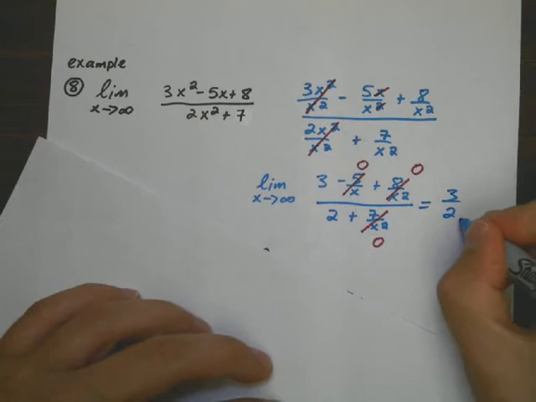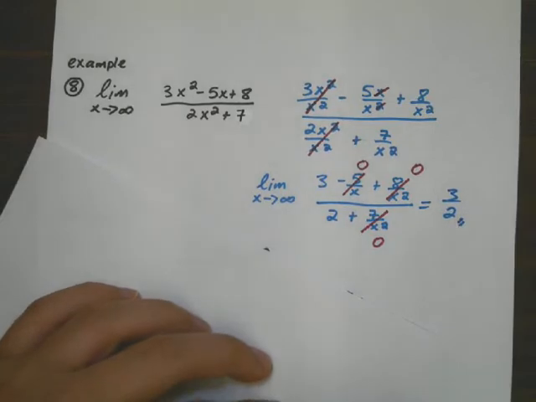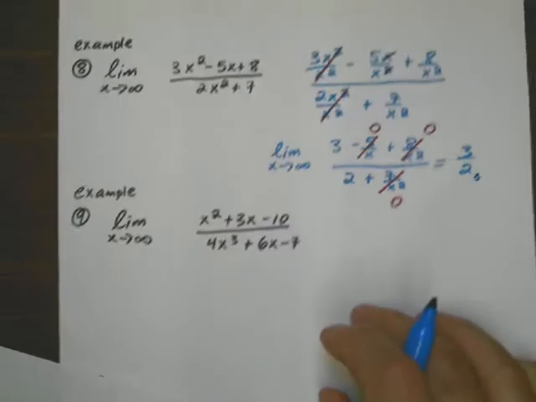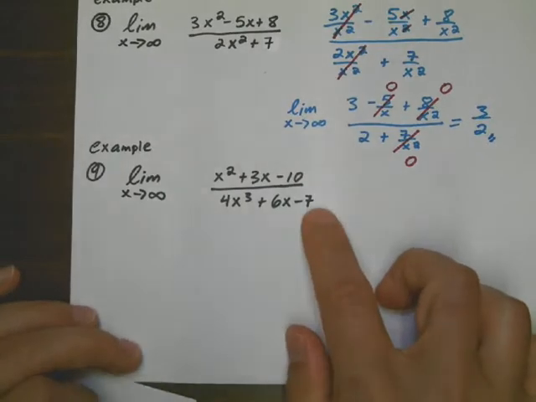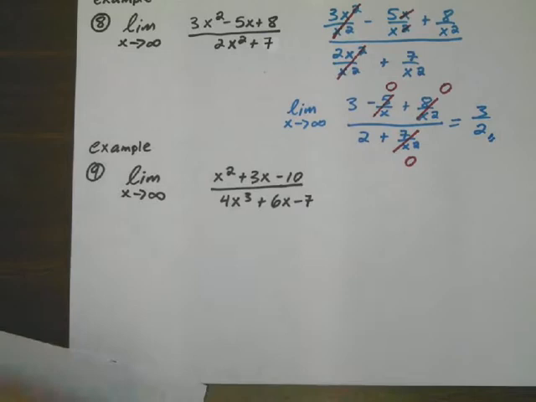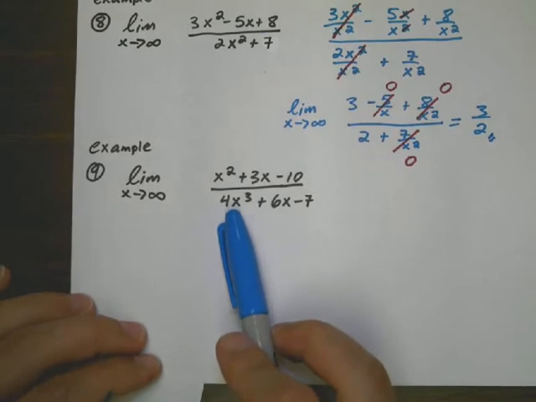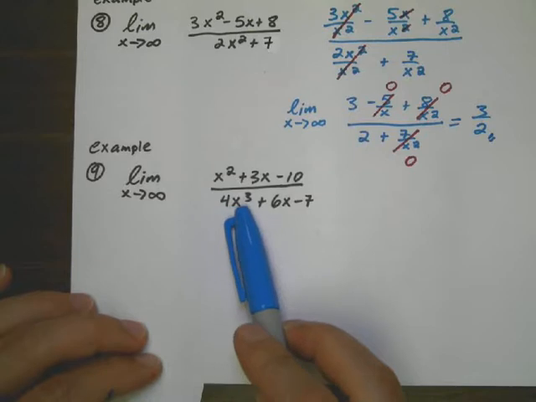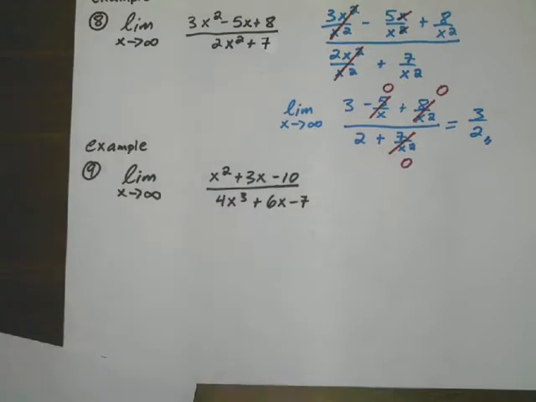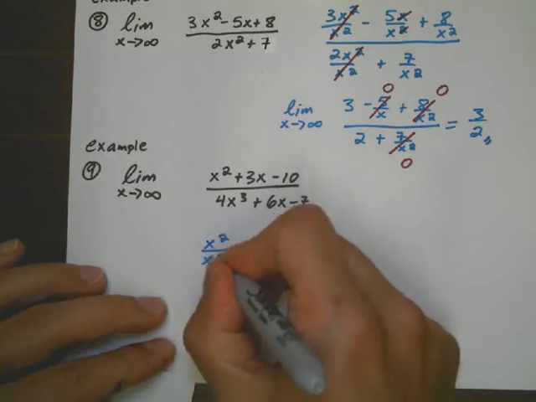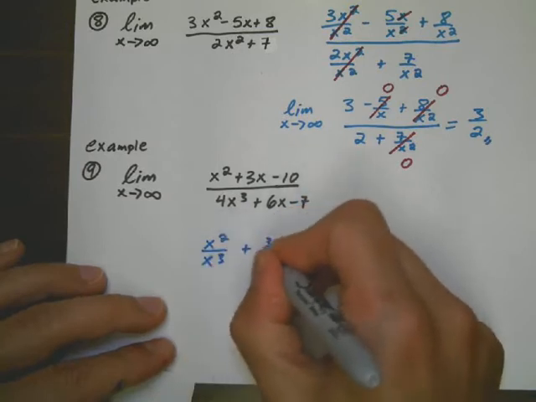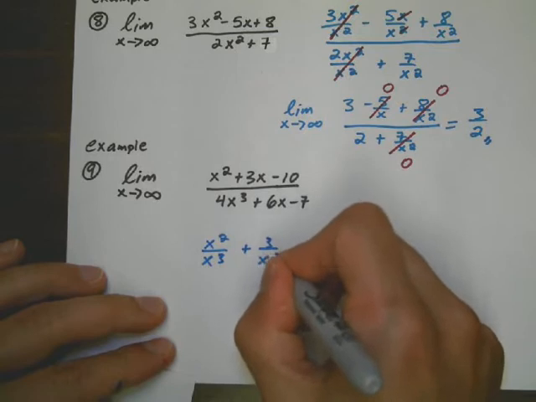The last example, number 9, is this rational expression. Again, I look at the highest power in the denominator and divide every term by it, in this case x to the third. So it's x squared over x to the third plus 3 over x to the third, and so on, over 10 x to the third.